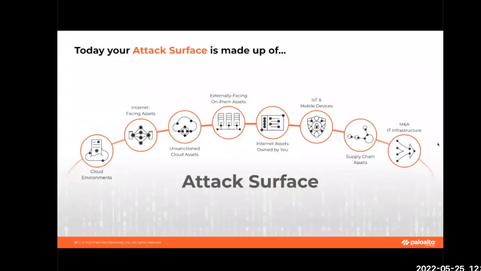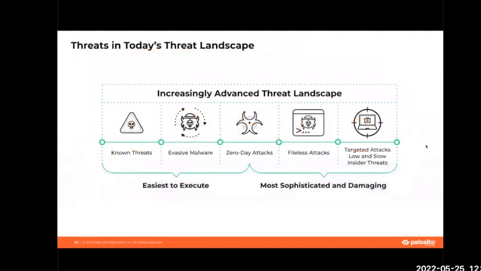You have workloads running on different cloud environments, and you have internet-facing assets. This is a perfect opportunity for attackers. Also, the threat landscape is increasing, and we see different attacks we have never seen before, from easy to execute to very advanced attacks based on the targets.